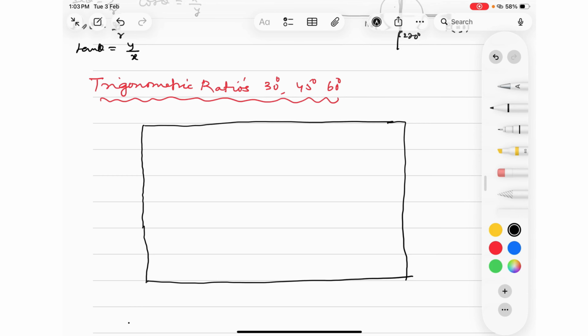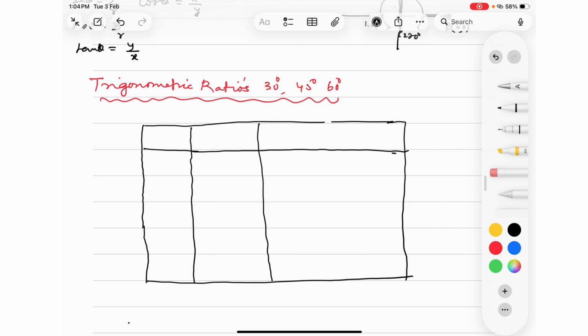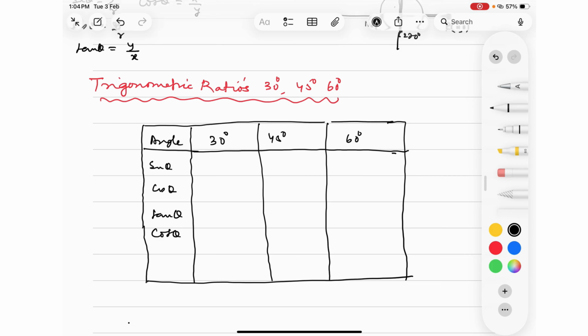Let us put the angle in the first row: here 30 degrees, here 45 degrees and here 60 degrees. Here sine theta, cos theta, tan theta, cot theta, secant theta and the sixth one is cosecant theta.